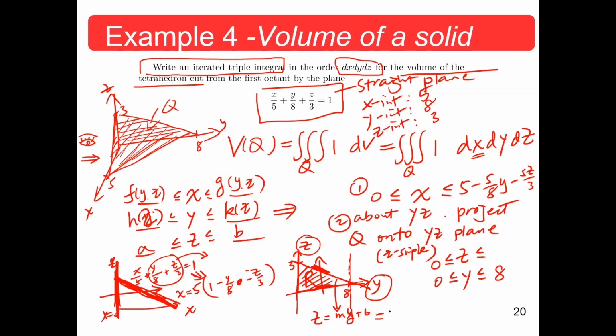Slope will be negative because it's going down. Negative 3/8. Independent variable would be y. And the z-intercept here is 3, so plus 3. So z would be between 0 and negative 3 over 8 y plus 3.